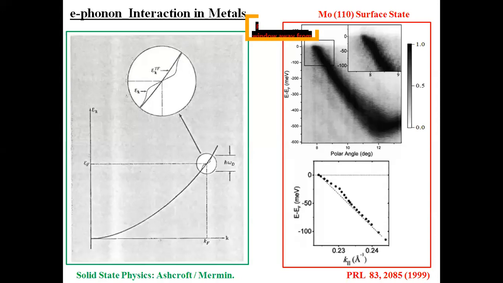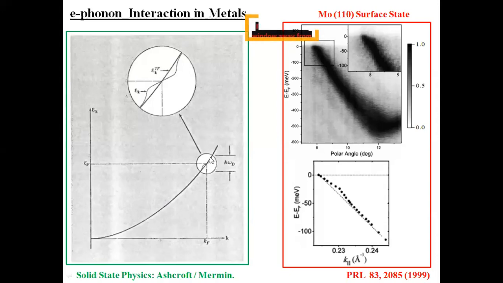Those deviations actually interact with the electron and change the energy of the electron. So my band structure will now look different if this deviation field interacts with the electrons of the system. So this is one schematic. This is taken from Ashcroft-Mermin. So this is the momentum axis, this is the energy axis.